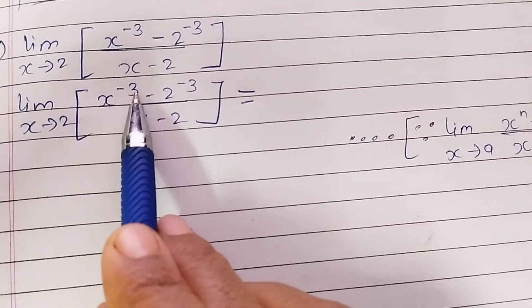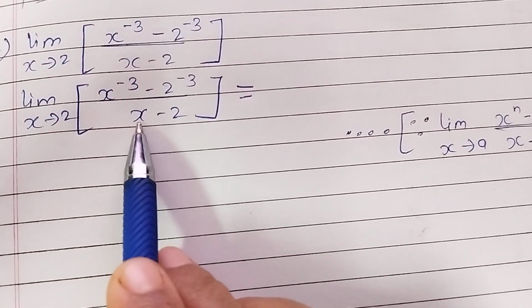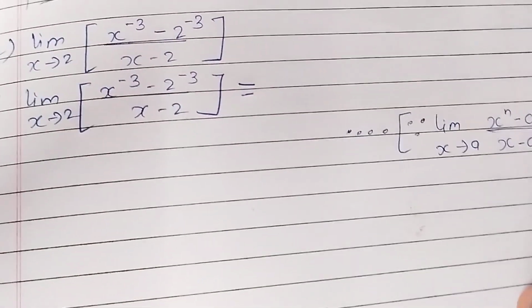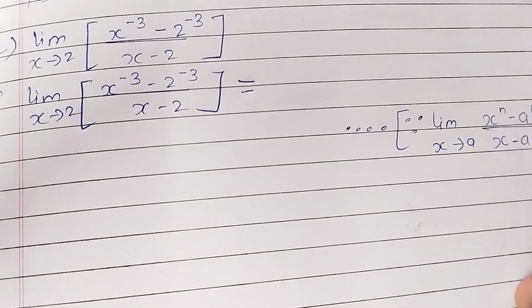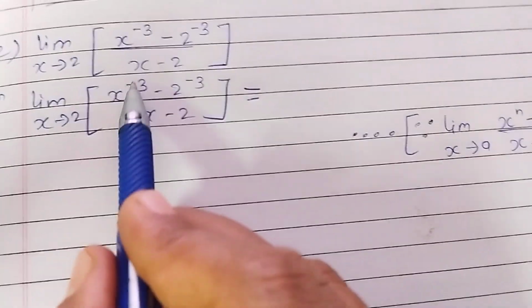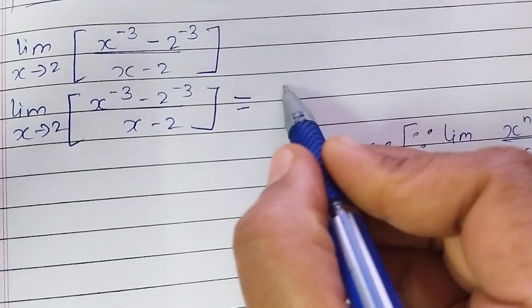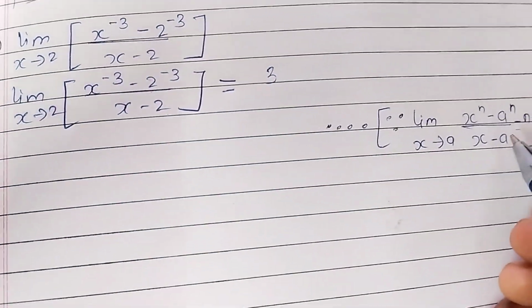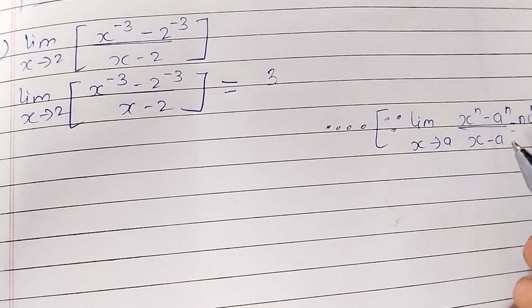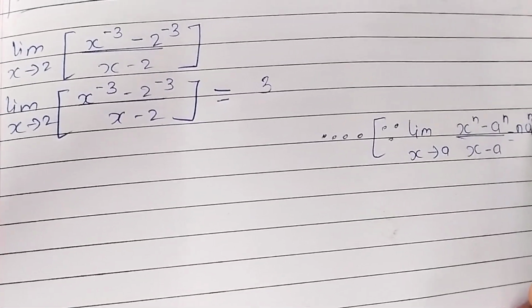So this one is x raised to n minus a raised to n upon x minus a. What is the formula? n a power of n minus 1. What is the power n? The power is minus 3.